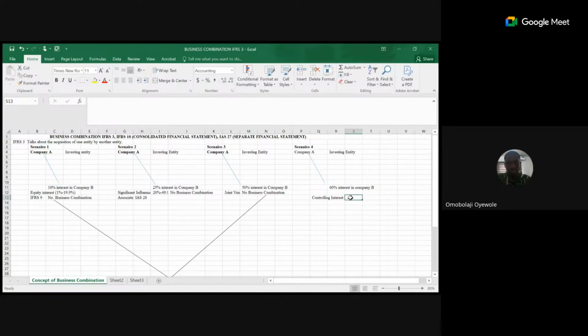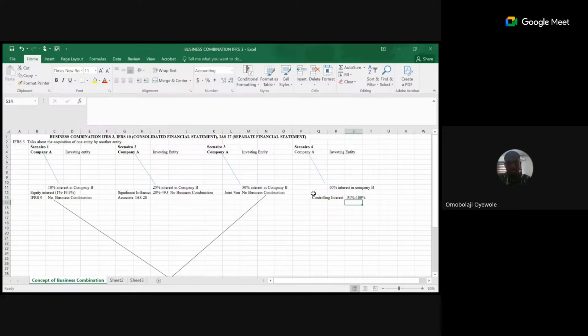the entity that is being invested upon is between what? 51% to what? 100%. So if I have interest that is between 51% to 100%, that kind of interest is known as the controlling interest.